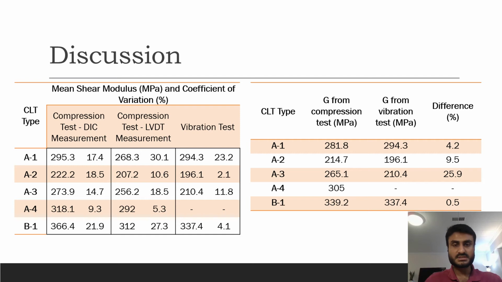For the A3 type CLT, the shear modulus values from LVDT measurement were closer to the corresponding shear modulus values from the vibration test. Finally, the shear modulus values of B1 CLT from DIC measurement were overestimated and from LVDT measurement were underestimated compared to the shear modulus values from the vibration test.